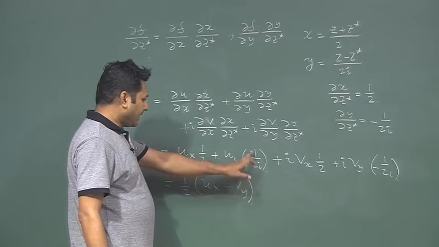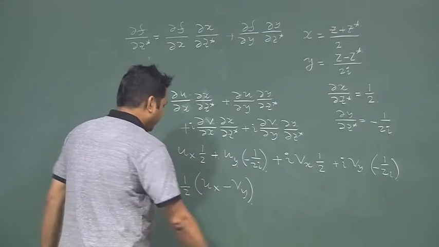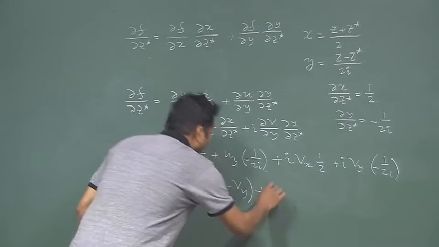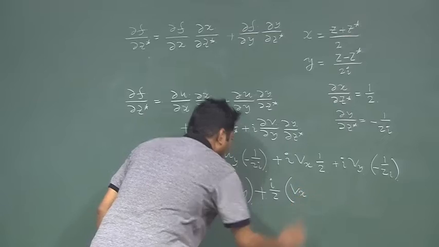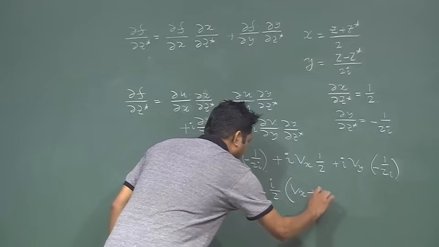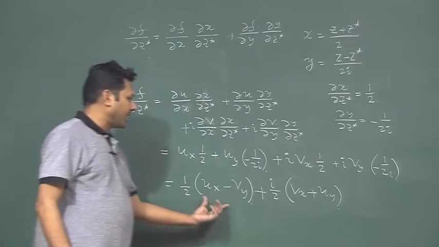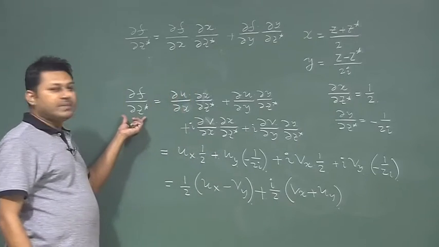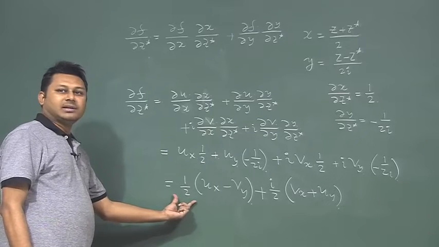If I multiply i here, this term will be simply i by 2. I will have v x plus u y. These two equations I will have when I am making del f del z star.